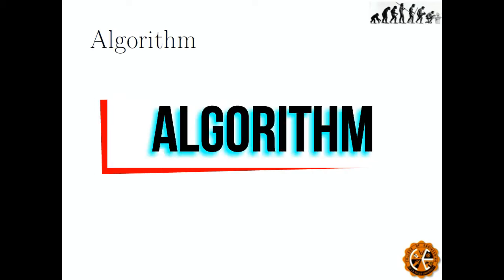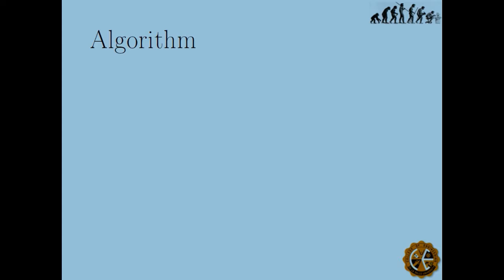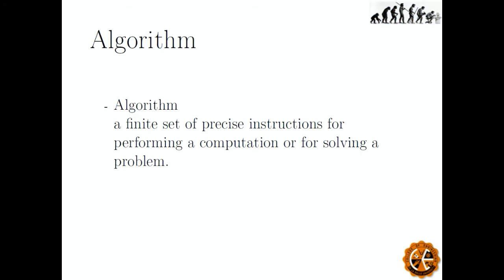In this video, let's review algorithm, which is a set of precise instructions for performing computation or for solving a problem. So first thing to note is it's a finite set. So we have a definite number of elements and it's a precise instruction.